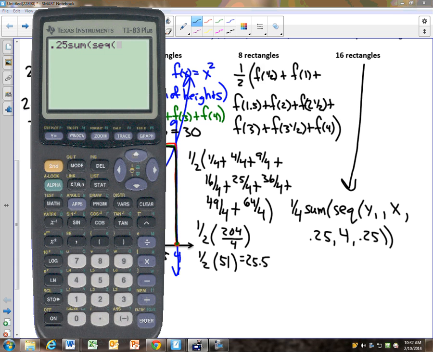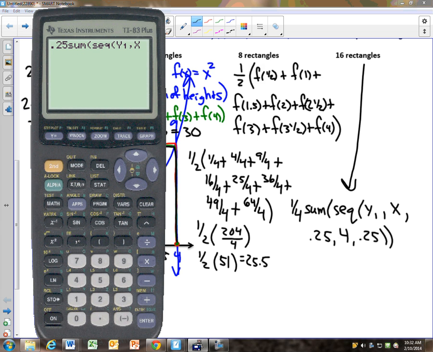And how do I get my variable? Vars, y vars. You could very possibly just type in x squared, and that's shorter. Sometimes if it's a longer function, people don't want to type that in. I haven't actually tried typing in the function, but you very well might be able to. Comma.